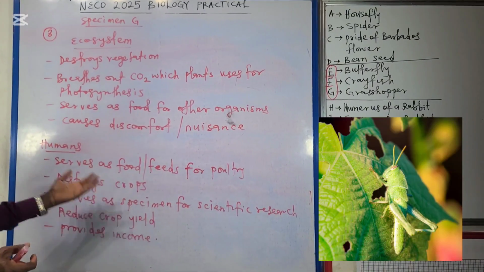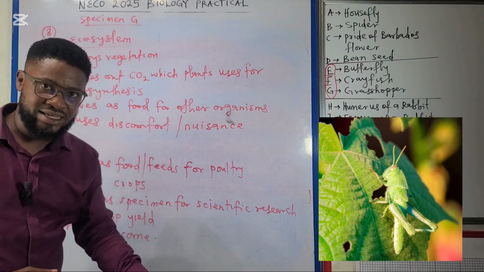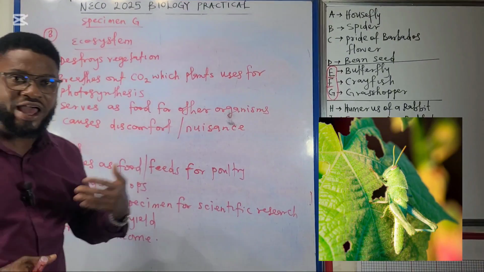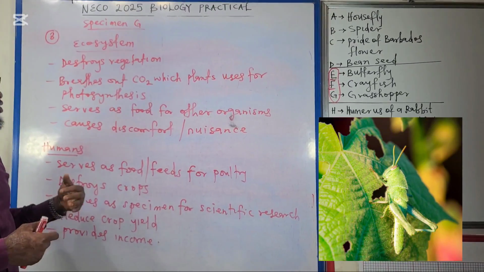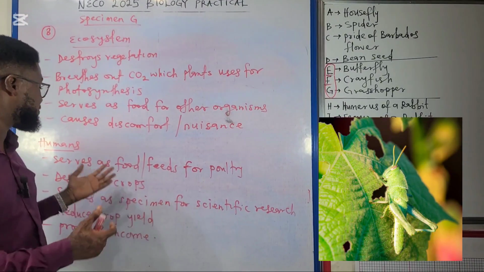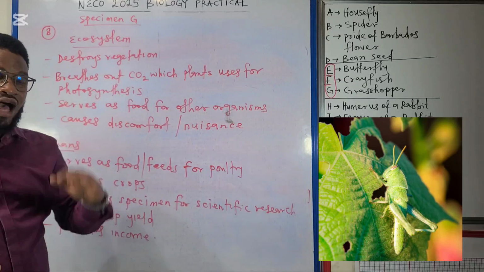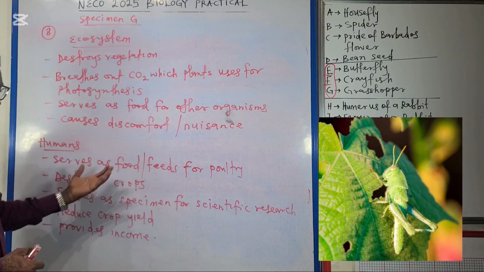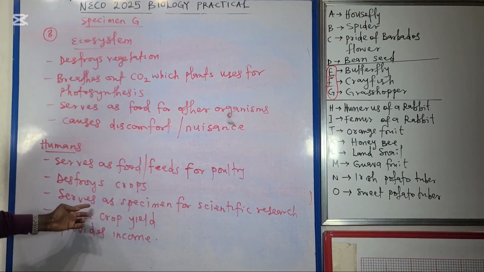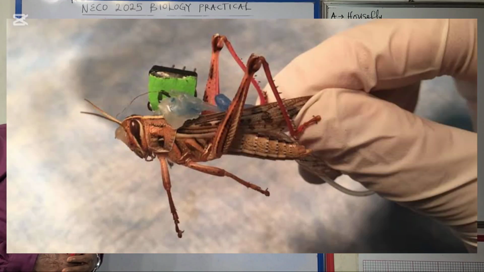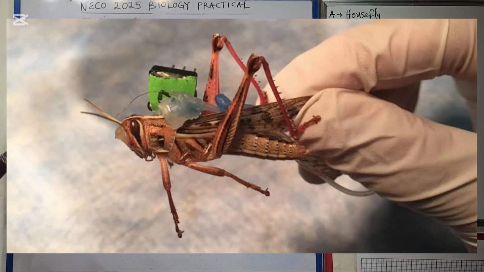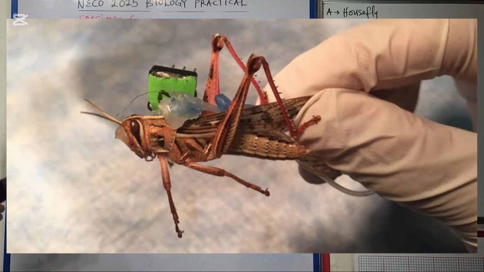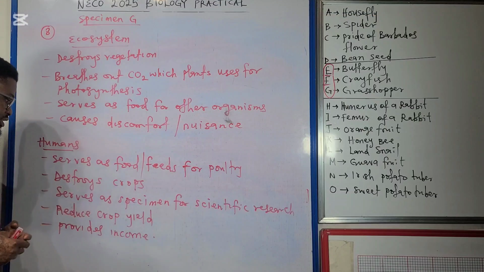It destroys crops. When humans plant, there is the harvest we are expecting. But when grasshopper gets there, they infest, they feed on this crop, it lowers its market value, so it destroys crops. Serves as specimen for scientific research. Yes, as specimen G, grasshopper is used in scientific research.